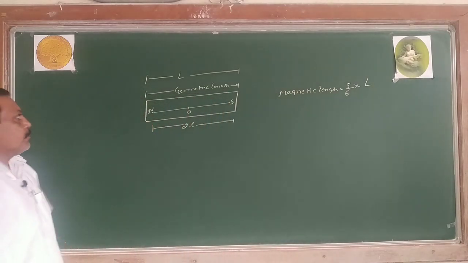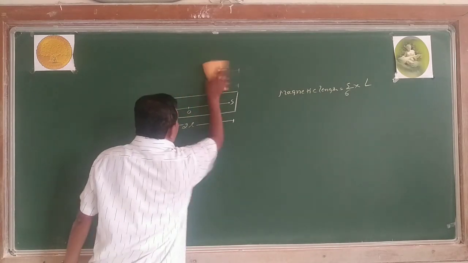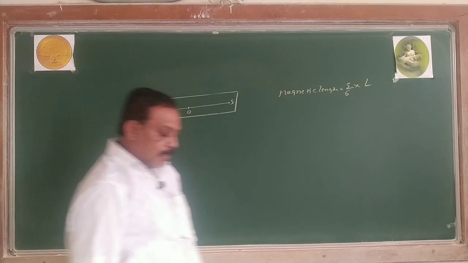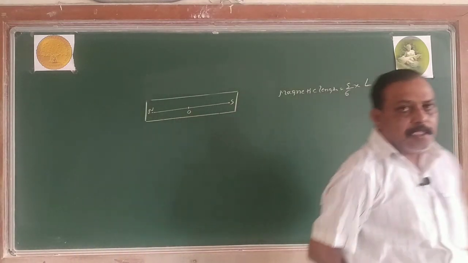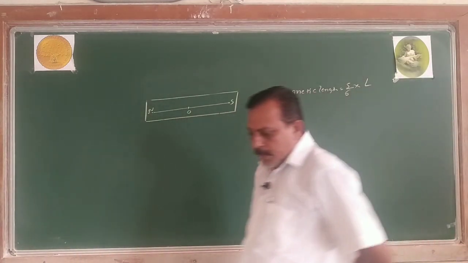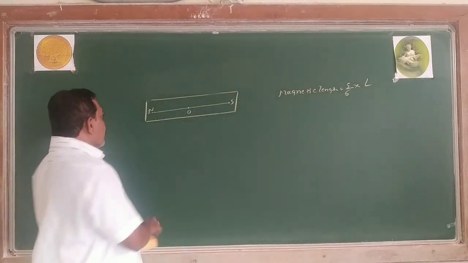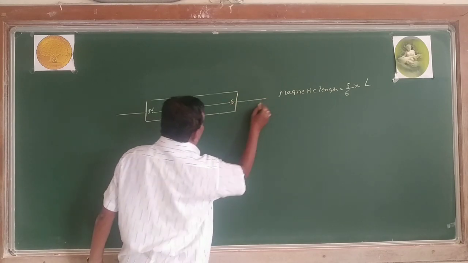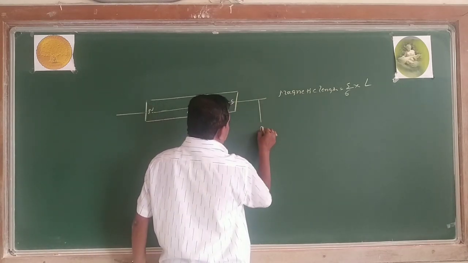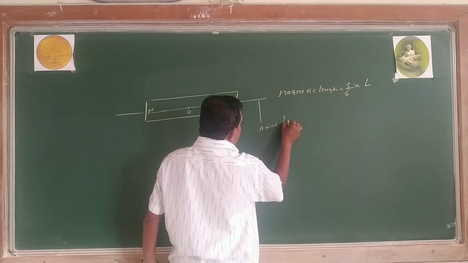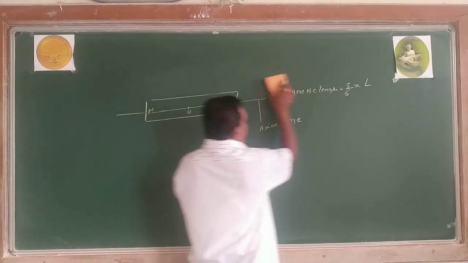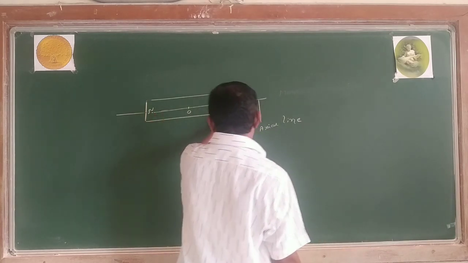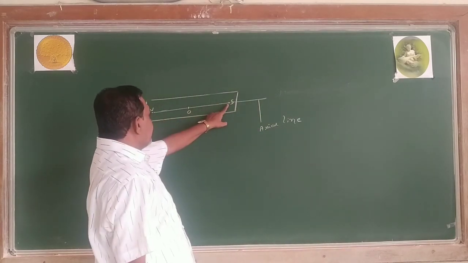Then there are two axes, one is the axial line and another is the equatorial line, just like in the charge concept. The line joining the north and south poles of a bar magnet is called the magnetic axis.